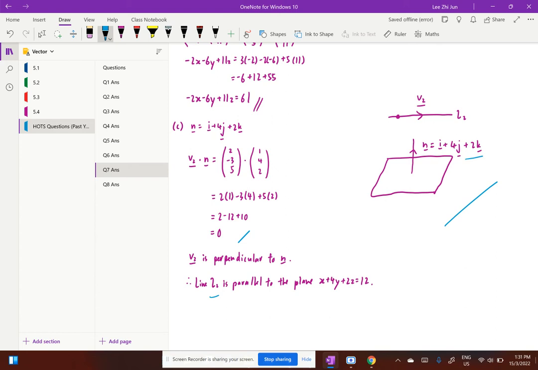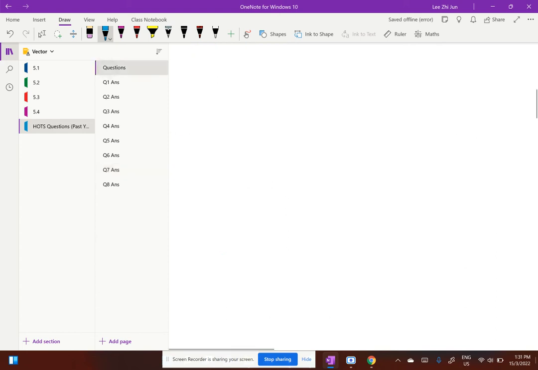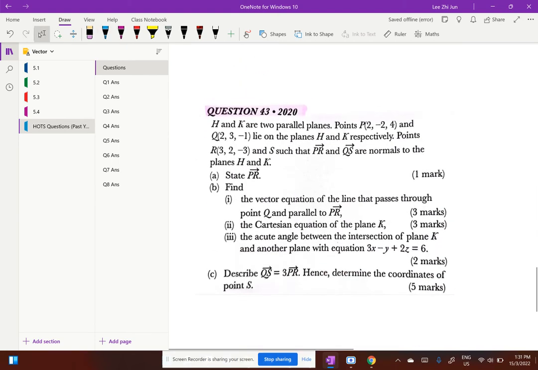Okay. Finally, we go to the last question. Okay, this is very long. Not so hard, but this is long. So H and K are two parallel planes.